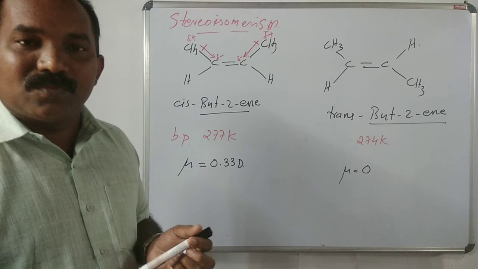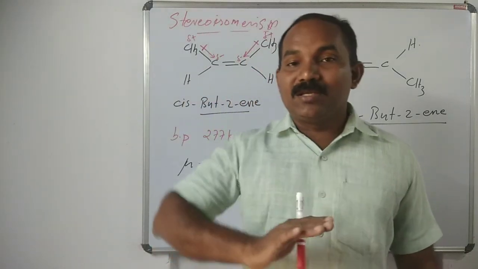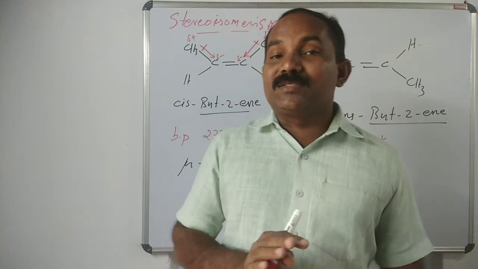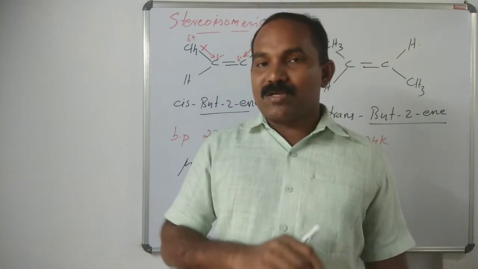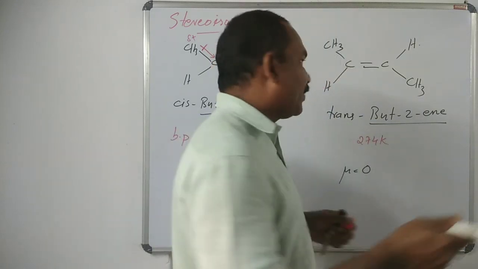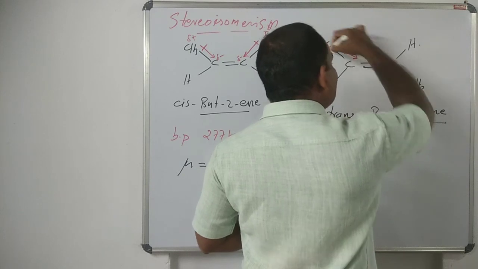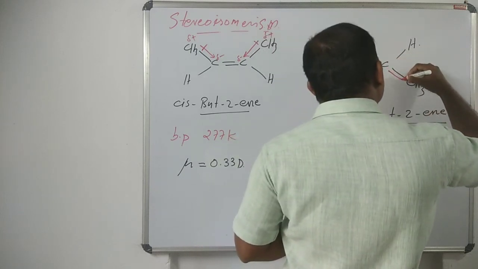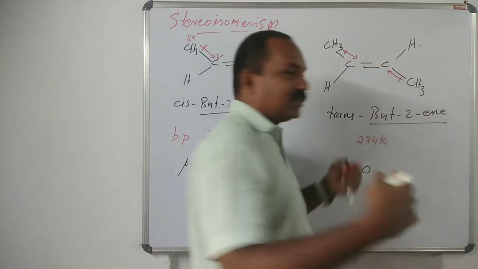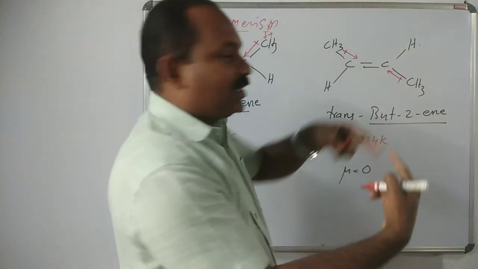Why is it 0? As we learned, dipole moment is a vector quantity. So what happens here? The dipole moment is in this direction, and another dipole moment is in the opposite direction, so they mutually cancel.